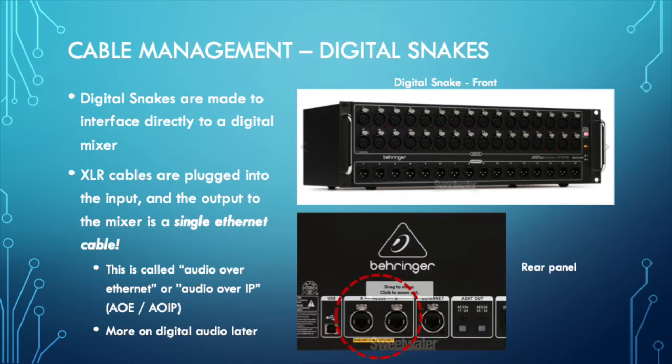That's what we refer to as audio over Ethernet or audio over IP. And it can carry, with very low latency, very little to no delay, full resolution 24-bit, 48K audio, and many, many channels of it.